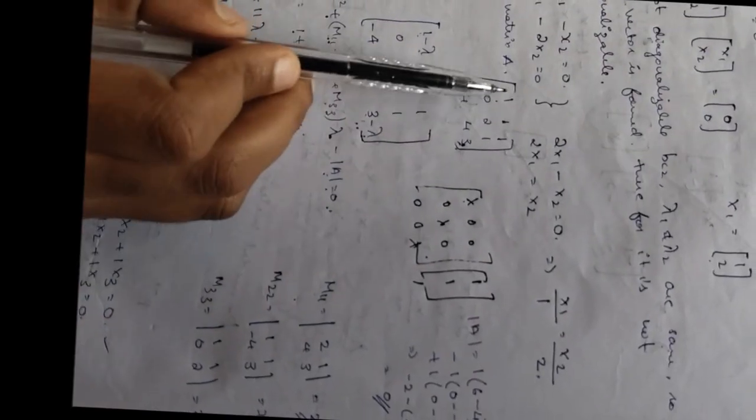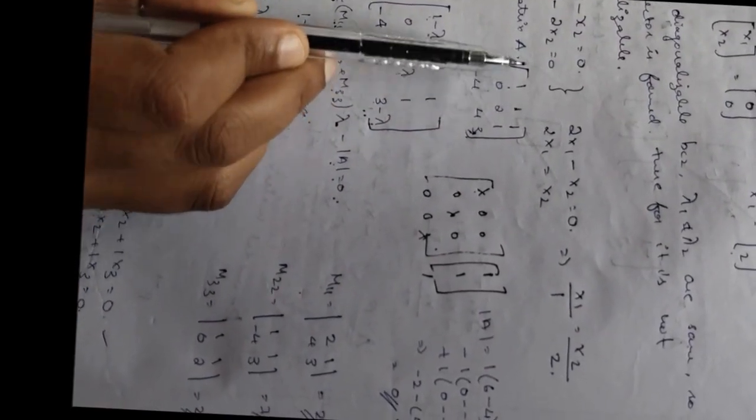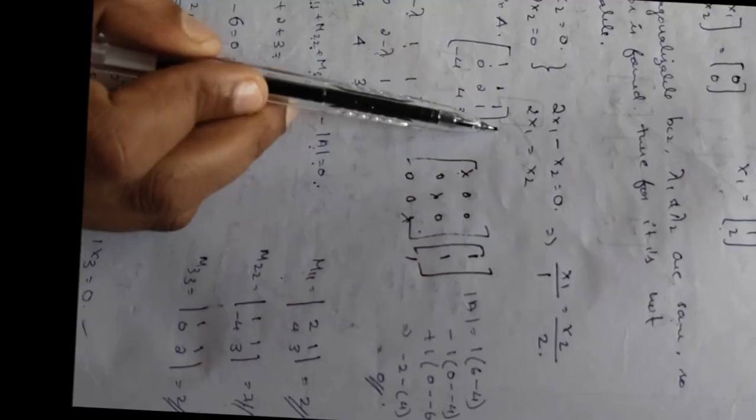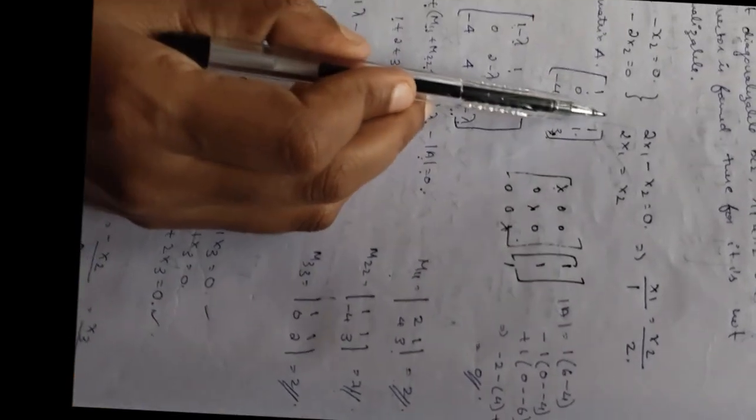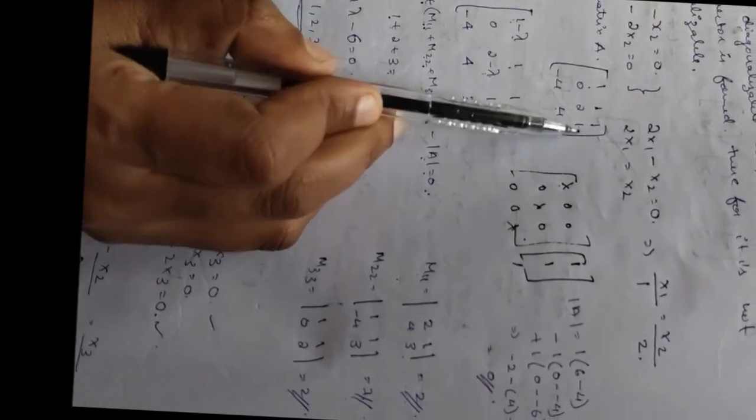Then what is M11? M11 is the minor obtained by eliminating the first row and first column. The remaining elements are 2, 1, 4, 3. When we find the determinant of this, we get M11. Similarly for M22, we eliminate the second row and second column.